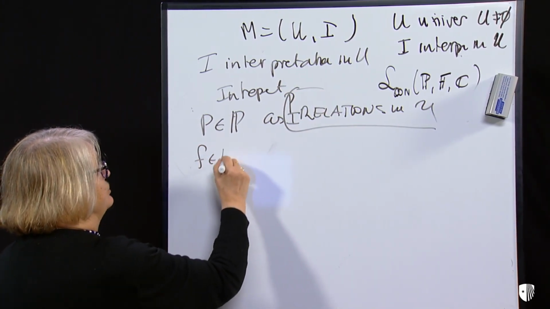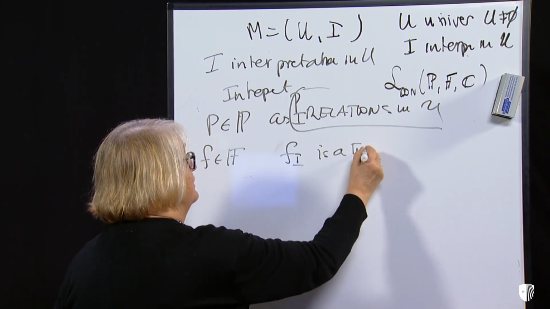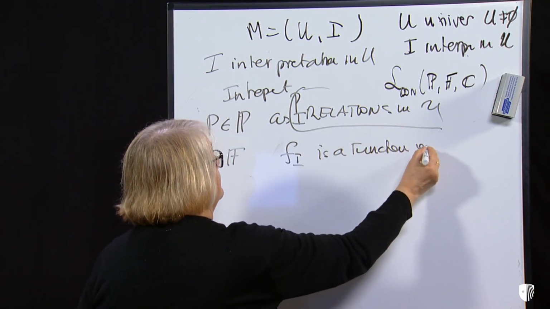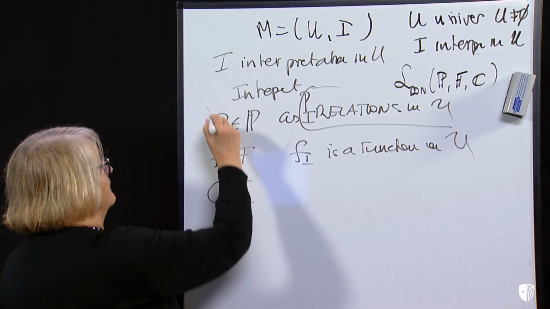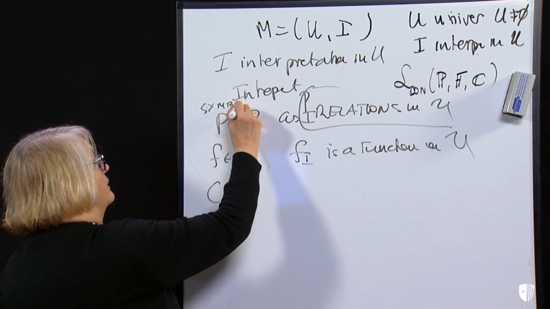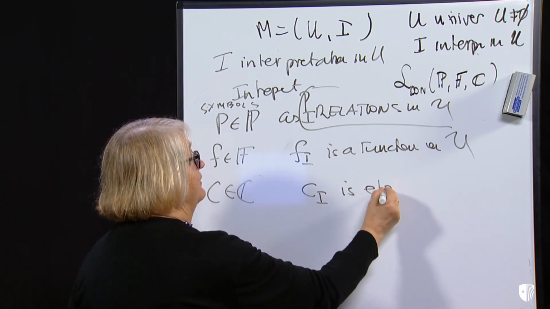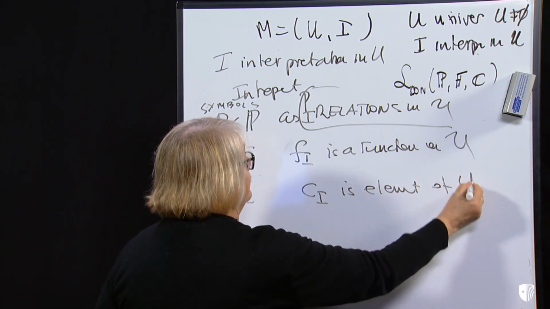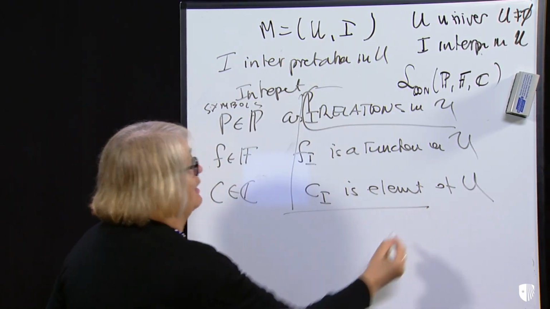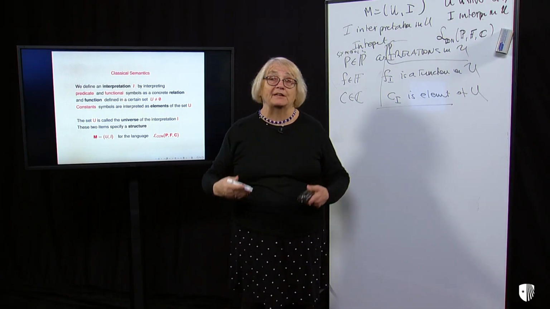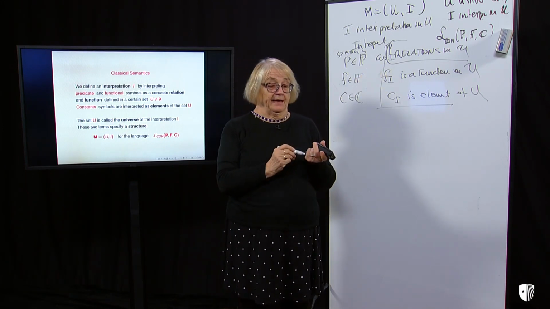Now, if F is a functional symbol, F_E is a function on U, and C is a constant, these are symbols, and C_E is an element of U. So in the structure that becomes a real function. You interpret a certain real function, certain real relation, and certain real element.